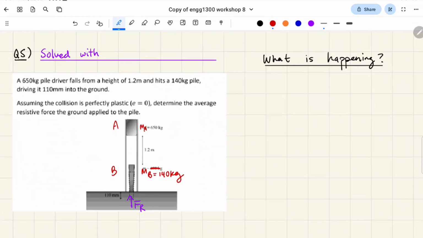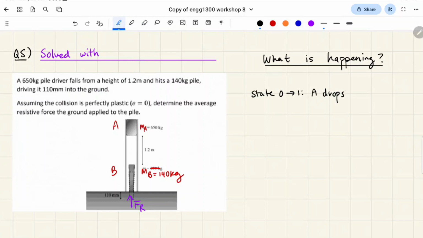Okay. So for these questions that are more complicated, you have to stop and think about what is happening. So I'm going to have to label a bunch of different states, because we're going to have to analyze a few. Between state 0 and 1, you have the pile driver, object A, dropping.